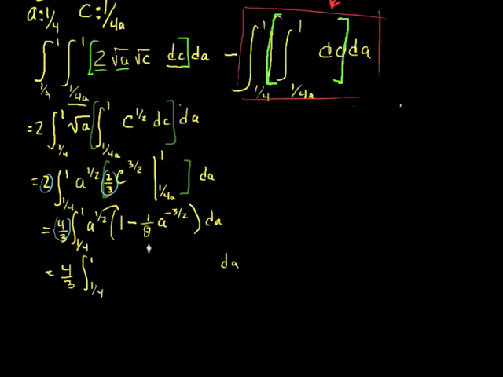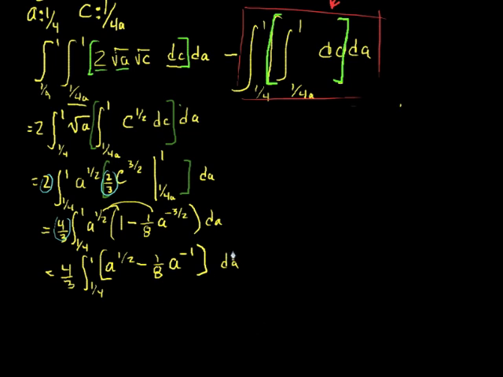Distributing this a to the 1/2 over both terms, we have a to the 1/2 minus 1/8 a to the power of, well, what's 1/2 plus negative 3/2? That's negative 1. Ooh, can we smell the natural log?